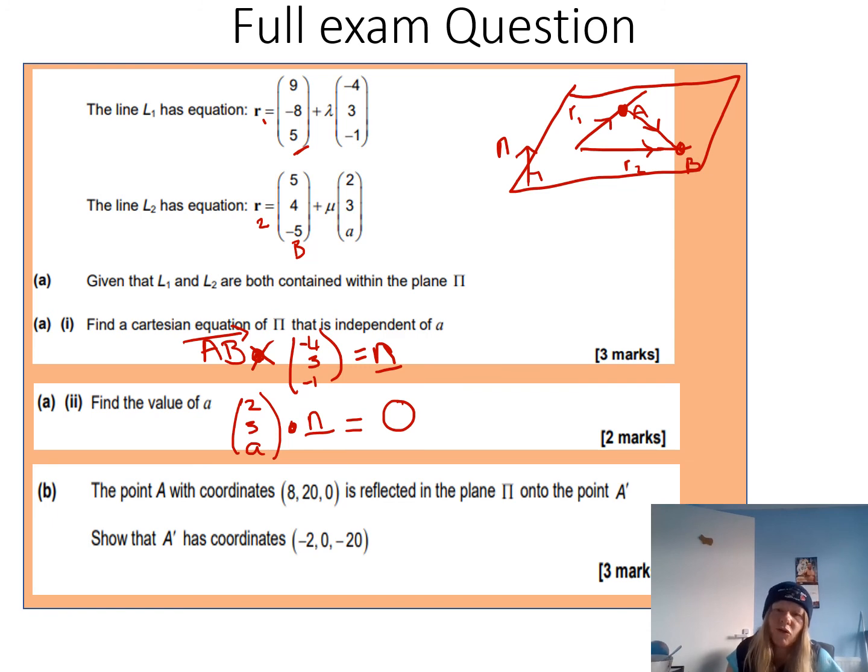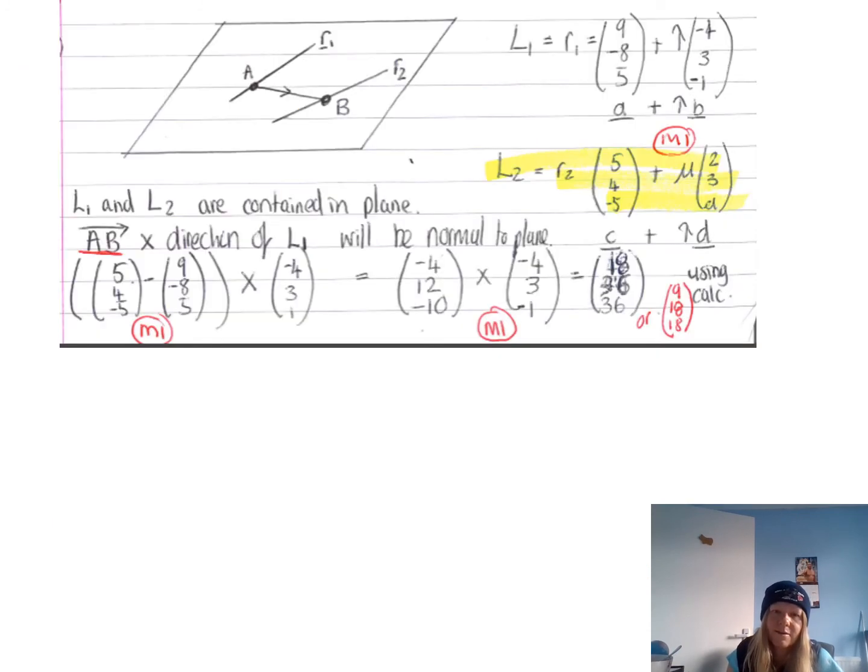Okay, unpaused, and here come the answers. So that's, as we said here, normally cross those two, but no point because it's got A in it. So you find that other direction, cross them, and it gives you 18, 36, 36. Well, you could divide by 9: 18, 18, or even better, you could have done 1, 2, 2, couldn't you?